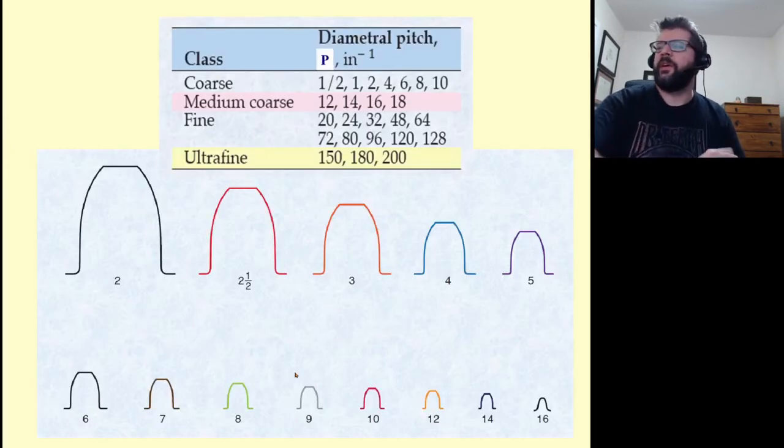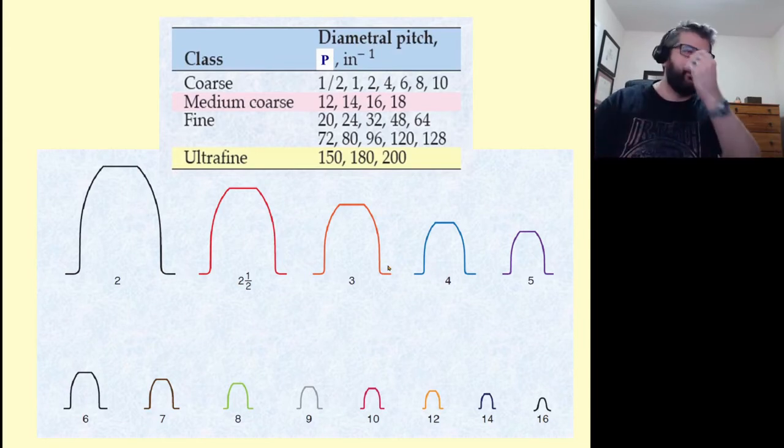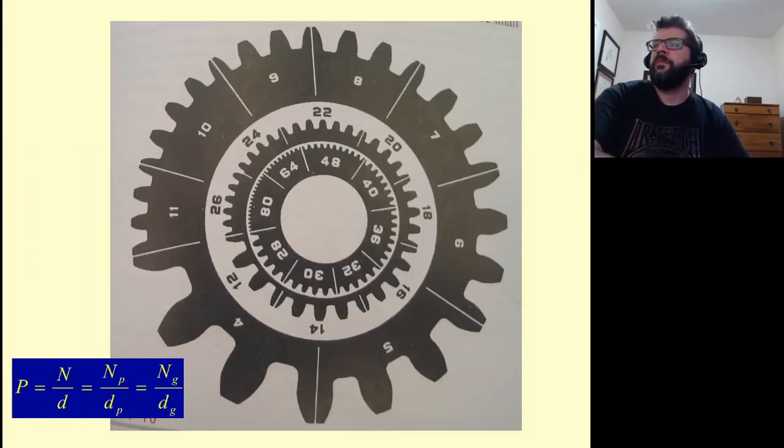So here's a look at how those might appear. These would all be considered coarse, then we're looking more at medium coarse, and then fine gets even smaller than that. And here's another chart that shows how they might look on actual gears of this size.